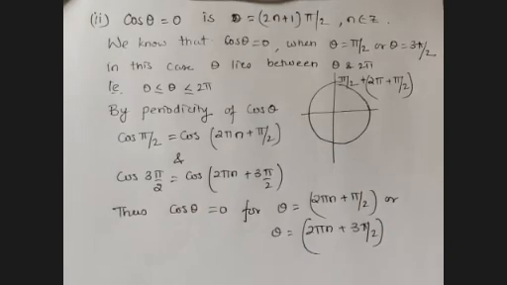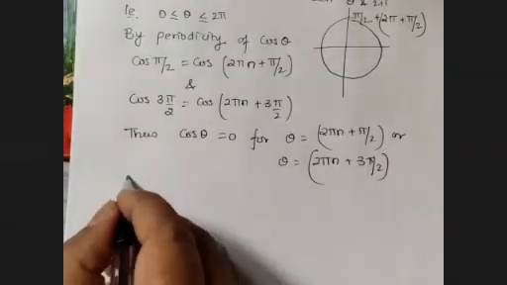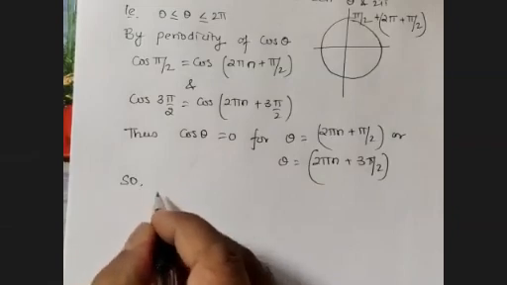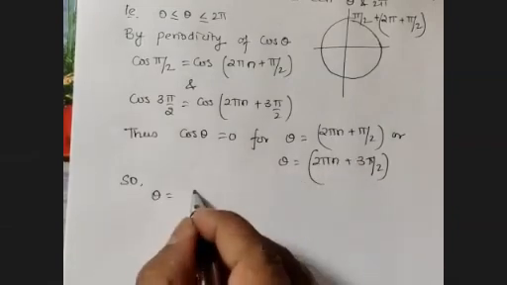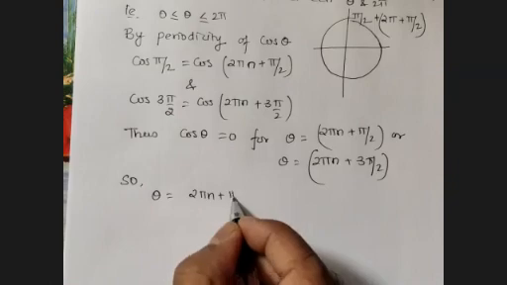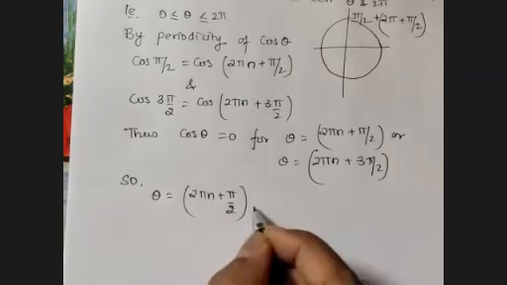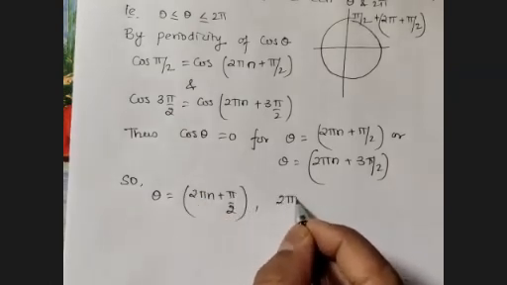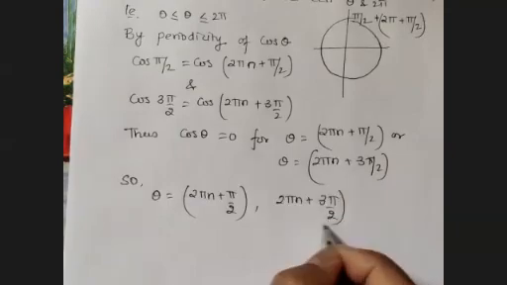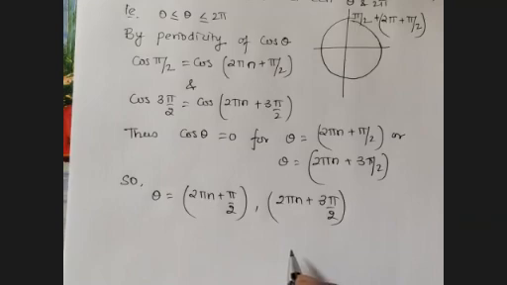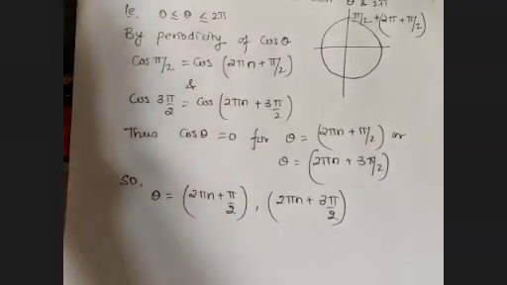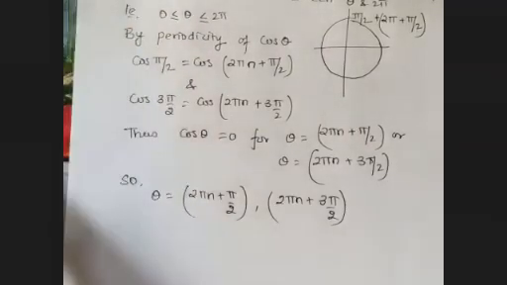If you have any doubt, so our theta value will become either 2 pi n plus pi by 2 or 2 pi n plus 3 pi by 2.